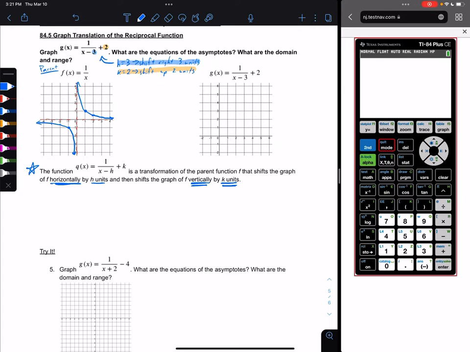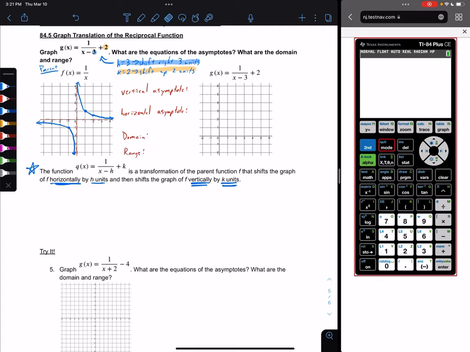They're also asking us to come up with the domain. So we need the vertical asymptote, the horizontal asymptote, the domain, and the range.